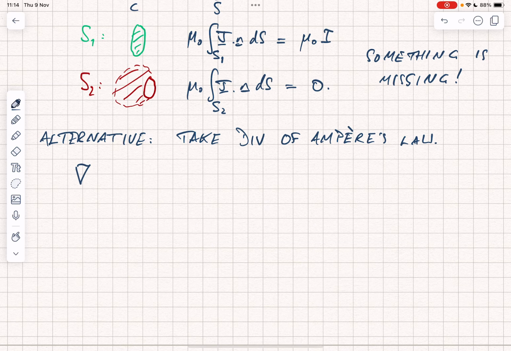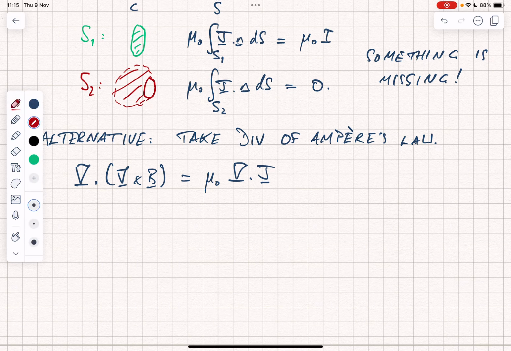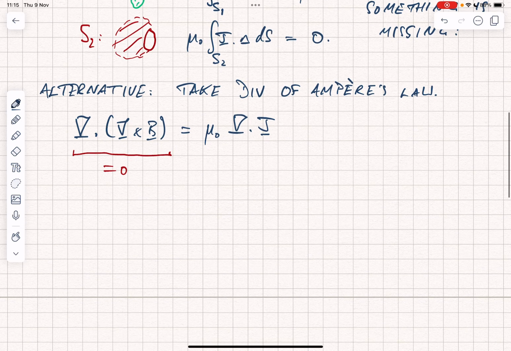Well, we take the divergence of the curl of the magnetic field, and that's going to equal mu naught times the divergence of the current density. Now, the divergence of a curl is identically equal to 0. That's something that you can prove. However, we don't know what the divergence of the current density is. That's going to depend on the current density. So again, these two sides are not compatible.